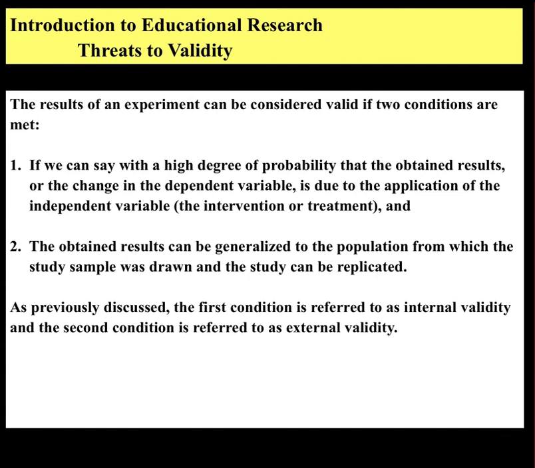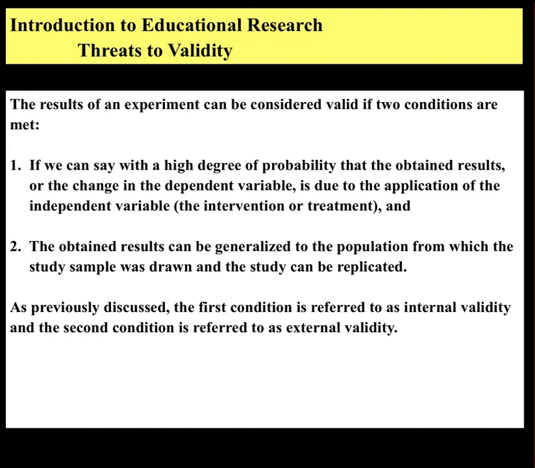You know that as internal validity. The second is that the obtained results can be generalized to the population from which the study sample was drawn, and the study can be replicated. That is external validity.